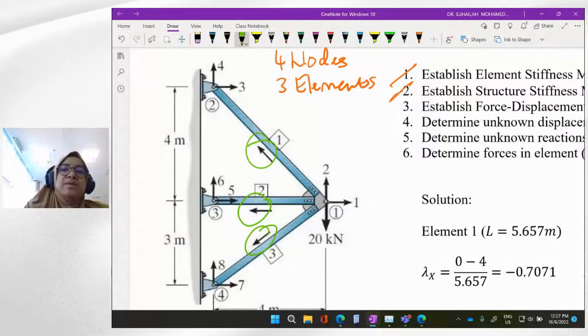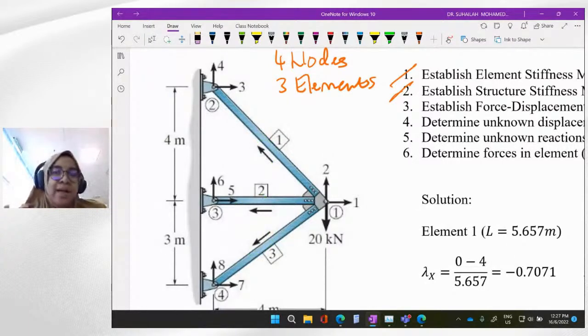We can put it in this direction, it doesn't matter. But in this question, the arrow is given in the question. Normally, if the arrow is not given, we have to put the arrow, and you can put it in any direction. So we just need to follow the direction given in the diagram.